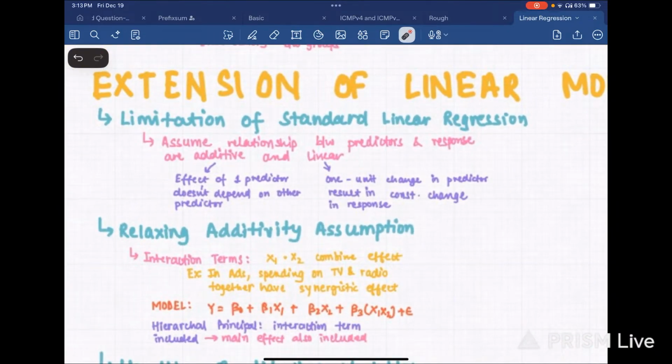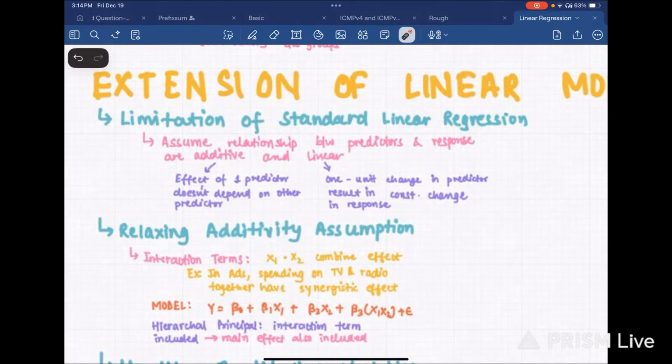In linear regression, we assume that the relationship between the predictors and the response is additive and linear. Linear means one unit change in the predictor results in a constant change in the response, so any change in x through beta 1 is going to affect y in that way. Additive means the effect of one predictor doesn't depend on the other predictor.